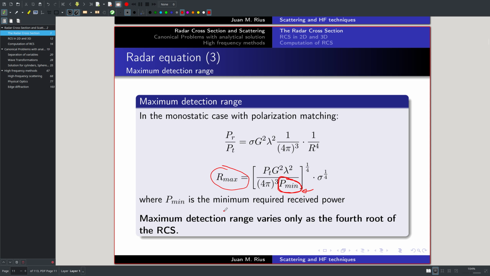Okay, so we can see that this maximum detection range varies only at the fourth root of the RCS.